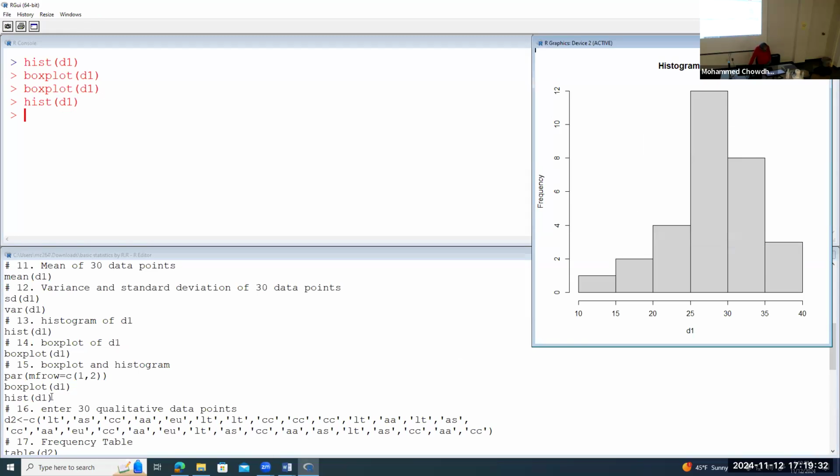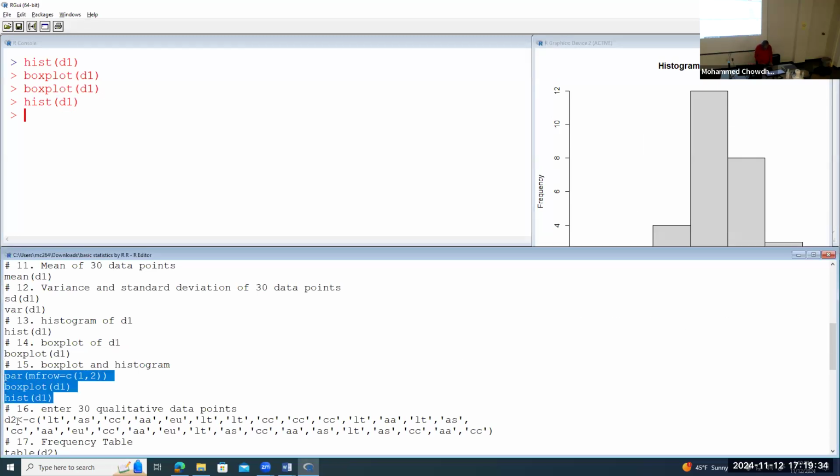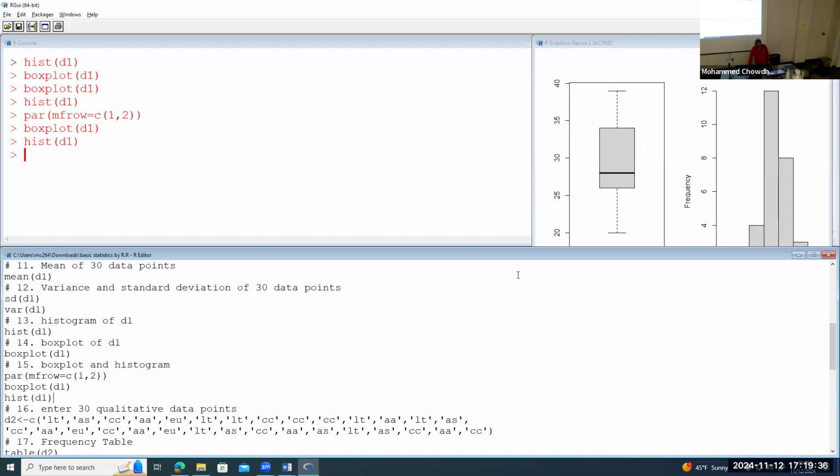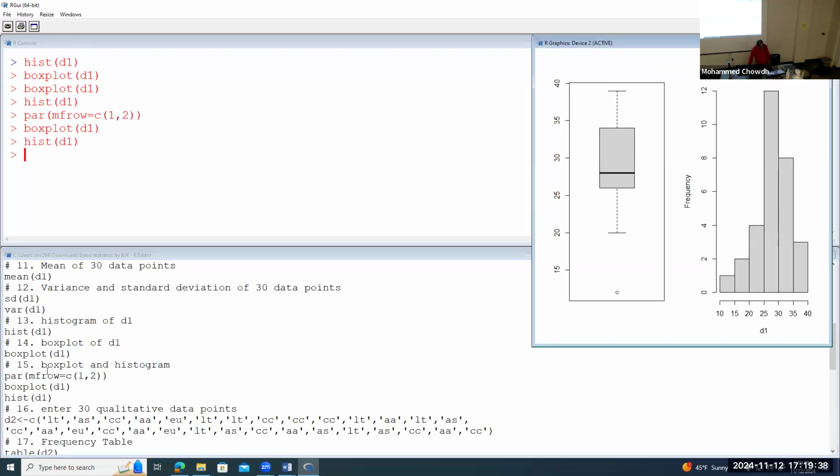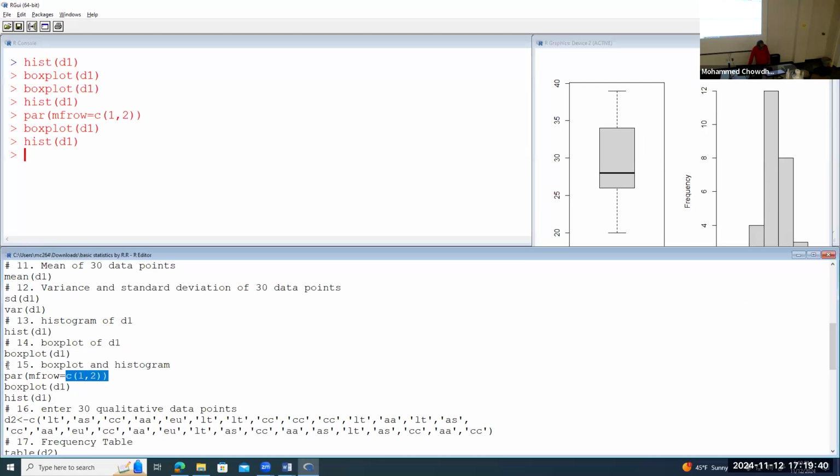So if you want them together, this is the way you can get them together. Let me explain what this means, par. Try to understand what this means. Focus on the board. Par stands for parameter, okay? M means multiple, F means figure, MF, multiple figure, by row.